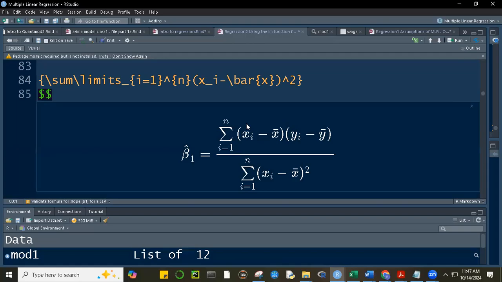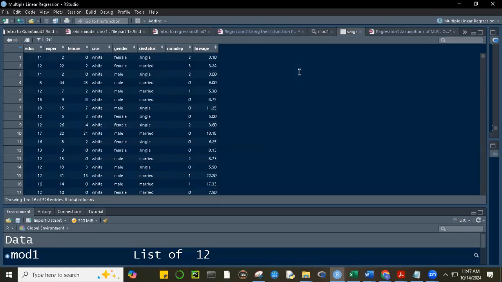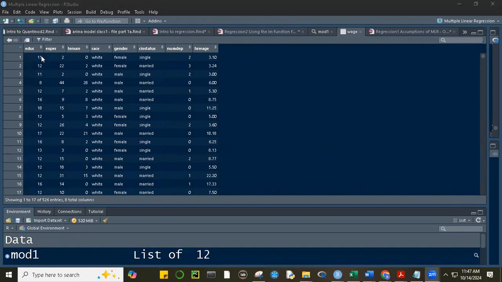So for each of the observations, this is our wage. Okay, so as for education, no? So 11 minus the average education. Okay? And then we multiply it with hourly wage minus the average of hourly wage. So that's what that formula is doing.